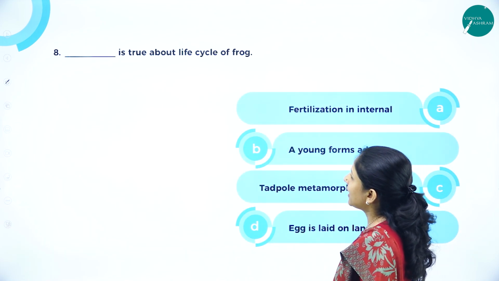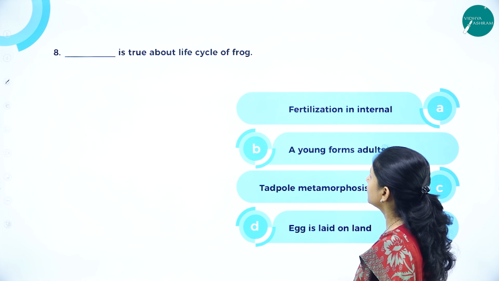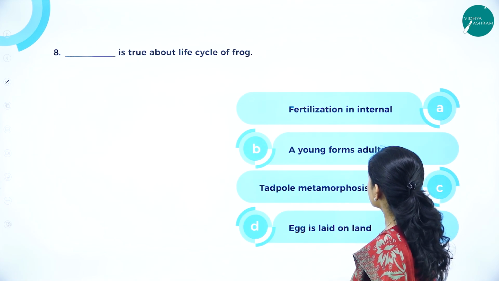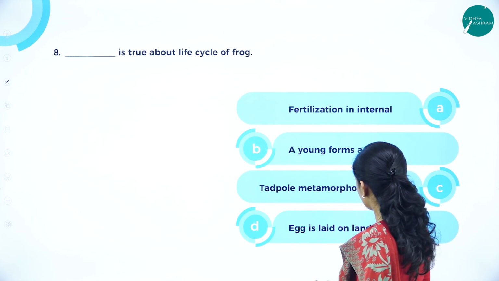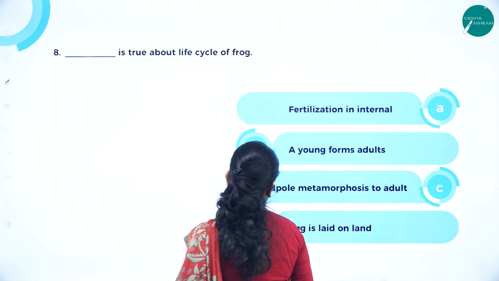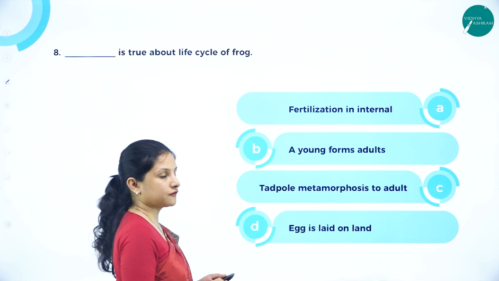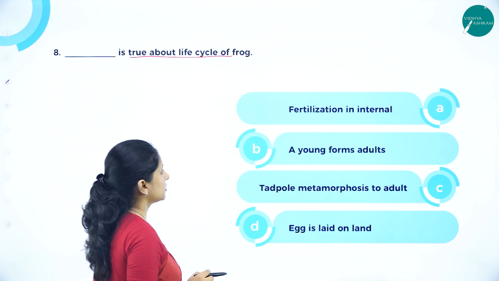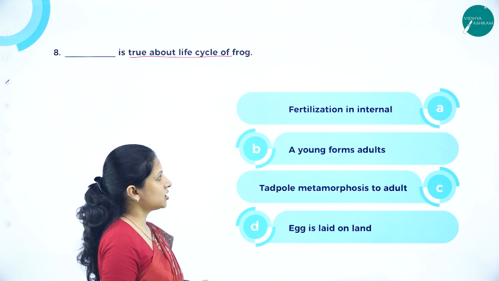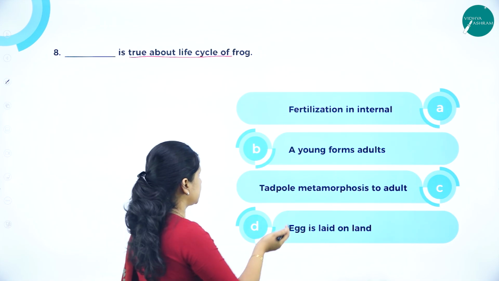Next question. Dash is true about life cycle of frog. Fertilization is internal. A young forms adults. Tadpole metamorphosized to adult. Egg is laid on land. What are we supposed to find out? Which is true about life cycle of frog. Fertilization is internal? No, because frog's fertilization is external.